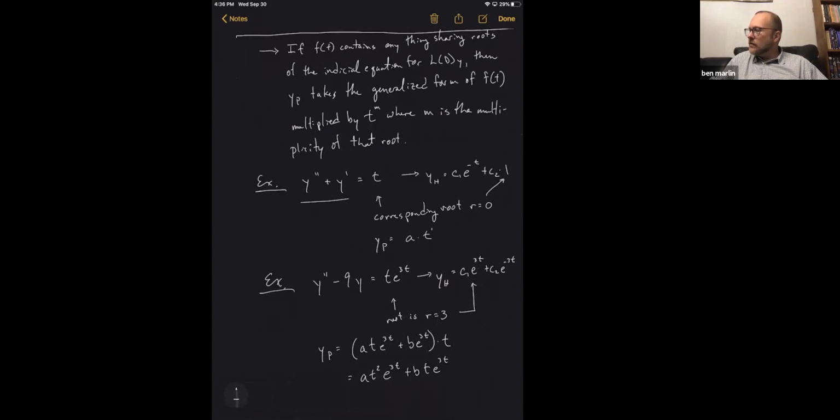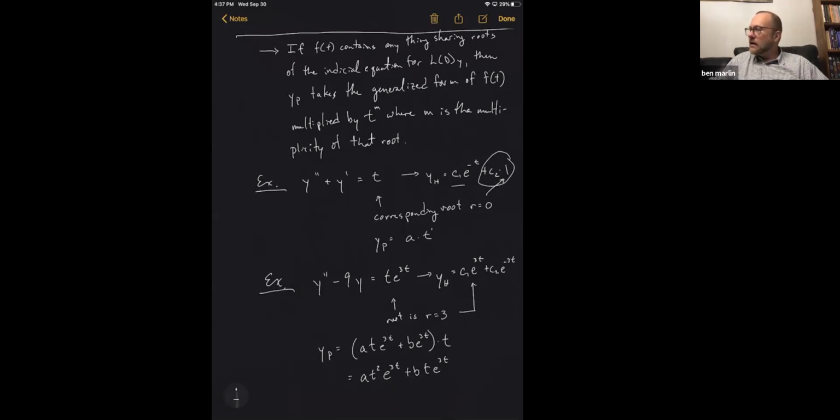So if you look at your roots for that, you're going to get r equal to -1 and r equal to 0. r equal to -1 gives you the c1 e to the minus t, and r equal to 0 gets you just the constant of 1. That's the e to the 0t, okay?